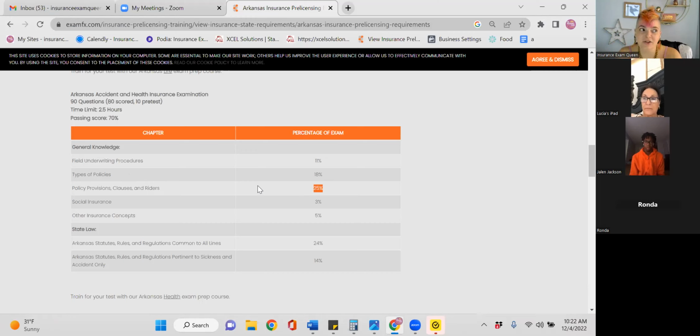It's a lot easier to study 3 pages worth of material to get 25% of your points than it is to study 100 pages worth of material to get 18% of your points. So provisions is very small, and you can easily get the 25 points here, and you'll probably get 10% here.